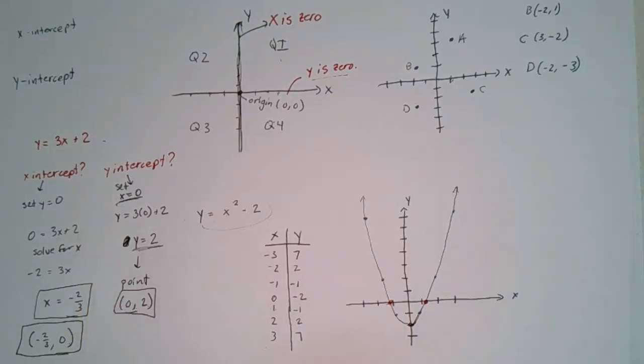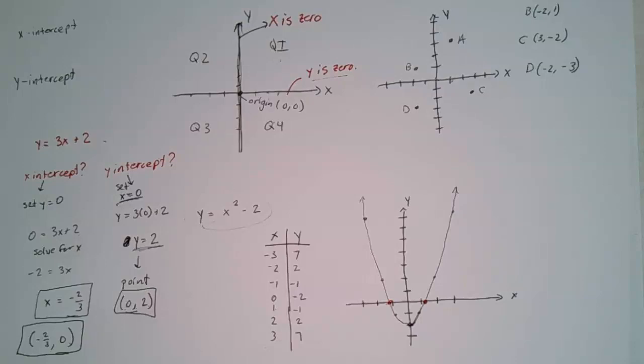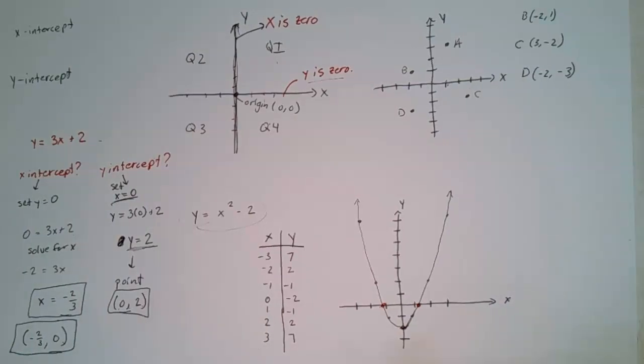All of these concepts are Chapter 1, Section 1 of your textbook. So please use this video as a reference and then complete the Chapter 1, Section 1 homework in my math lab.